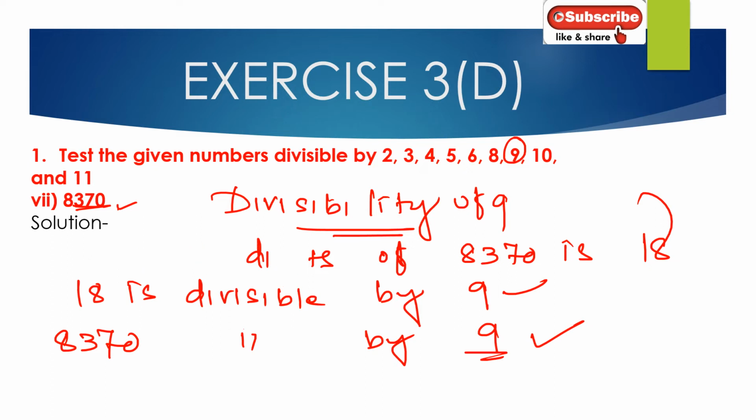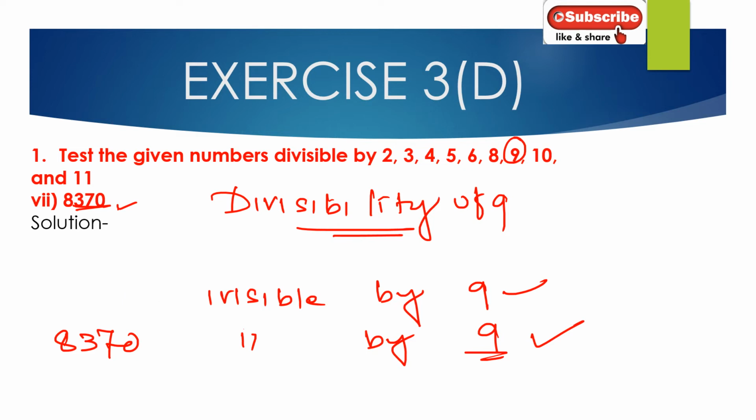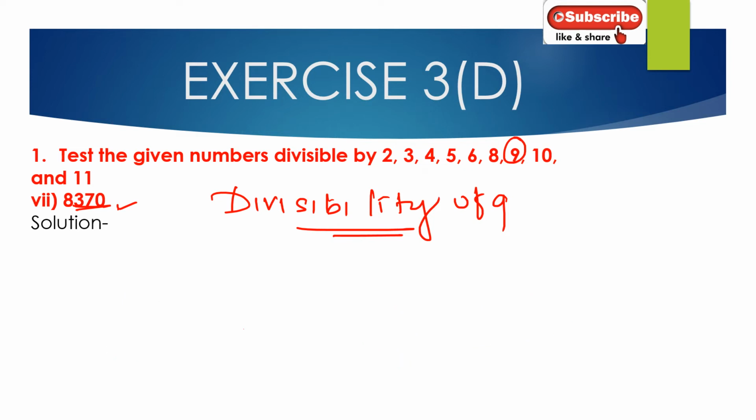Now we'll check whether the number 8370 is divisible by 10 or not. Divisibility of 10. We know 10 is the product of 2 and 5. So if the number is divisible by both 2 and 5, then the number is divisible by 10.